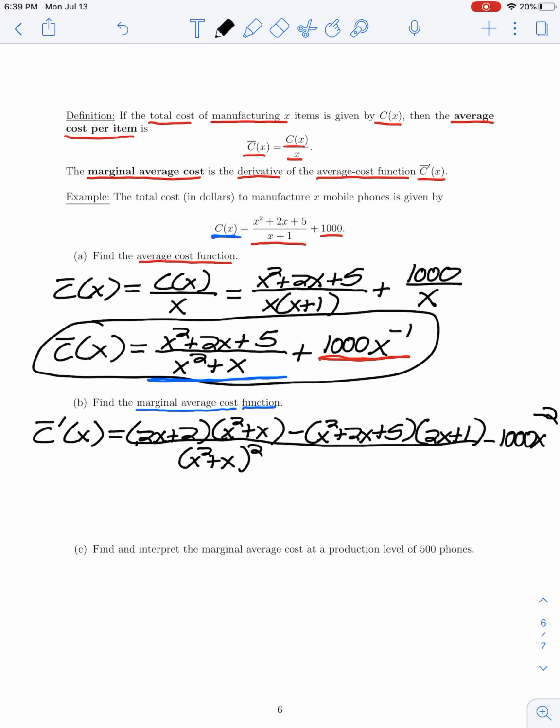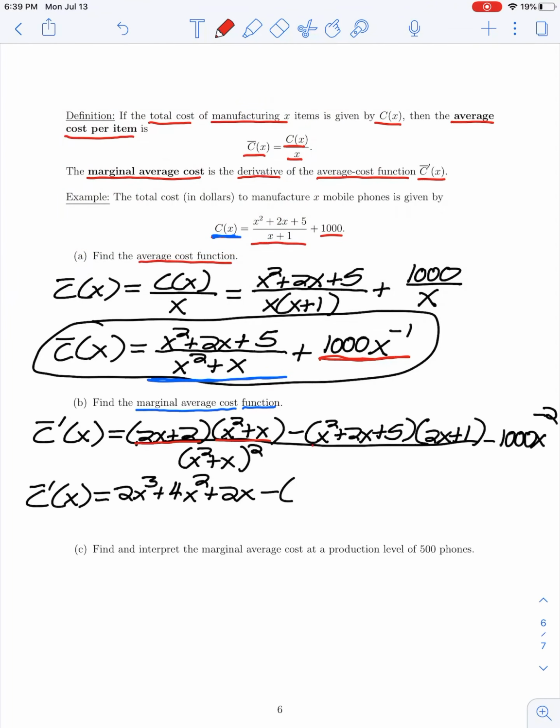All right, so let's simplify this expression a little bit, try to clean up the form of our answer. So in the numerator, if I expand and group like terms, let's see what I have. So expanding the product of these first two terms through the numerator, we have a 2x cubed plus 2x squared plus another 2x squared will leave me with a total of 4x squared plus 2 times x, and then I am subtracting the quantity.